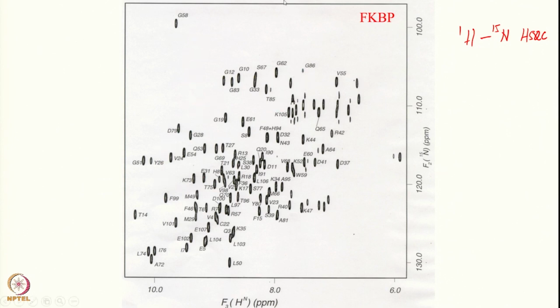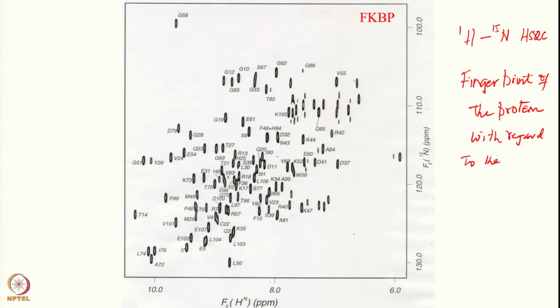Therefore this experiment is called the fingerprint of the protein with regard to its primary structure, that is the amino acid sequence, the fingerprint of the protein with regard to the primary structure.